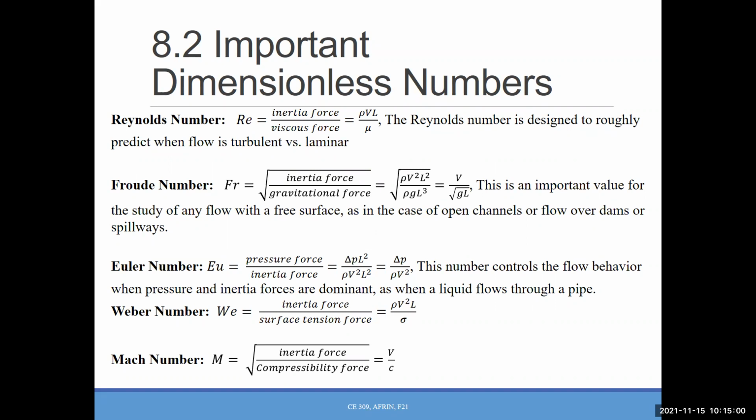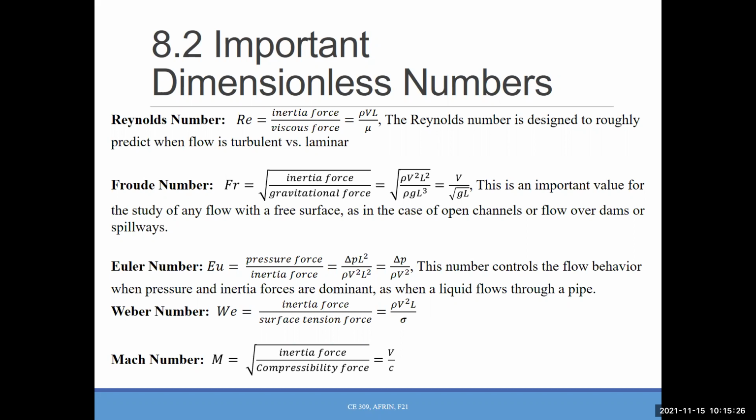Okay. So one number is the Reynolds number, which is very important for pipe flow. Next number is the Froude number, which is very important for open channel flow. Next number is the Euler number. Again, it is important for pipe flow. The Weber number is important for any surface tension related force. And the last one is the Mach number. That is very important for compressible gas.